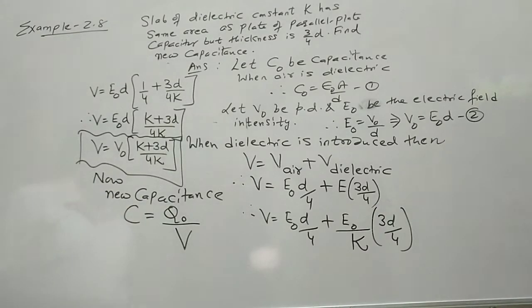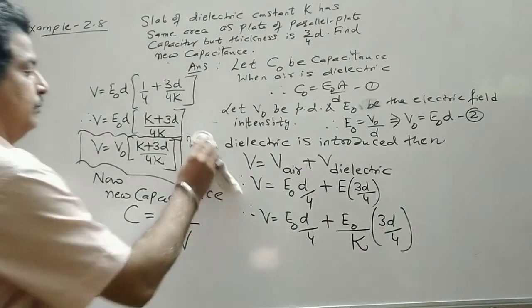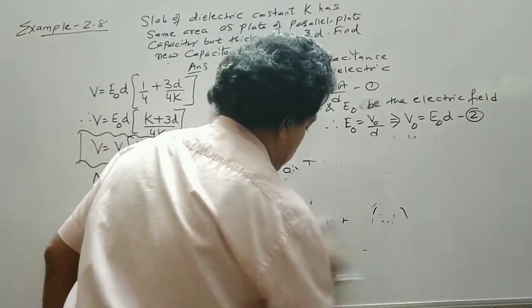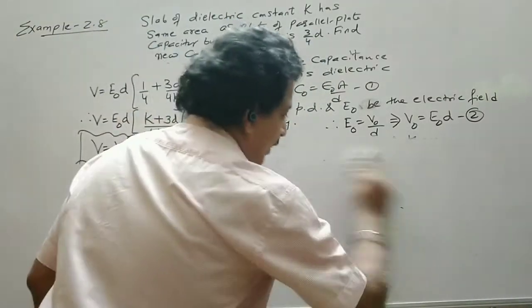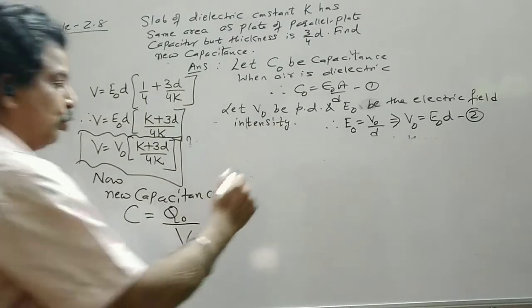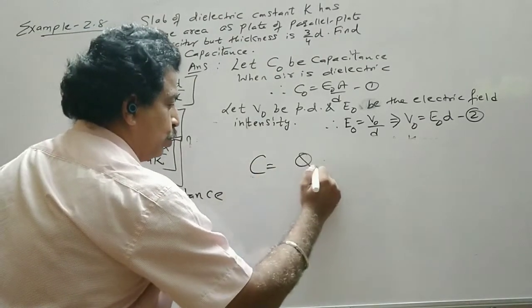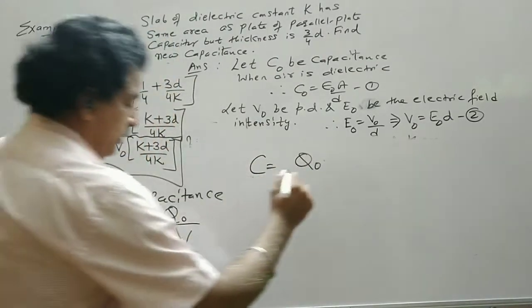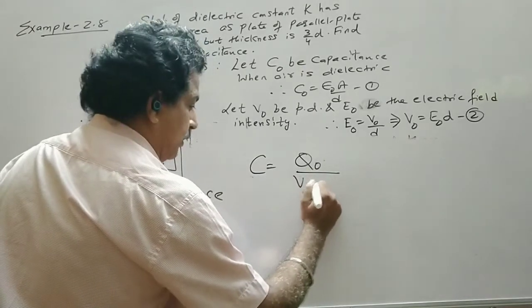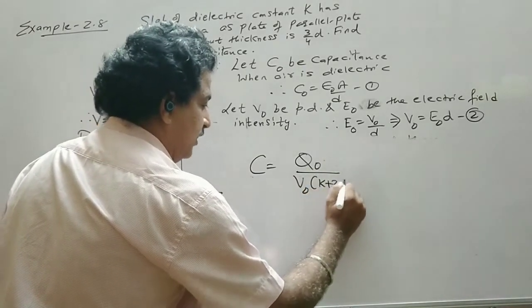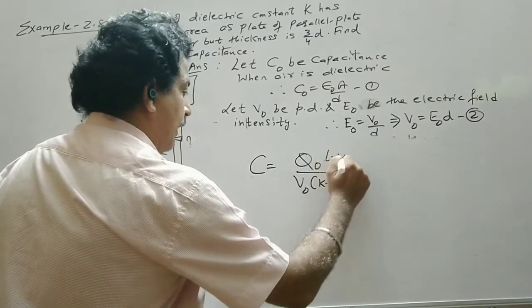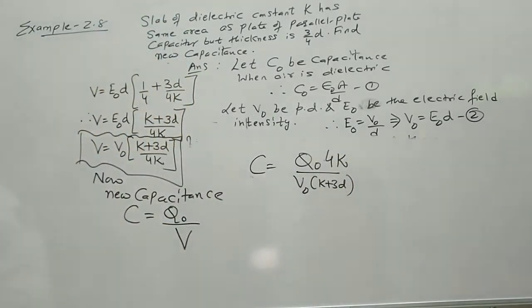Now substituting this V here, we can get the formula for the capacitance to be C is equal to Q naught upon V naught (K plus 3) upon 4K.